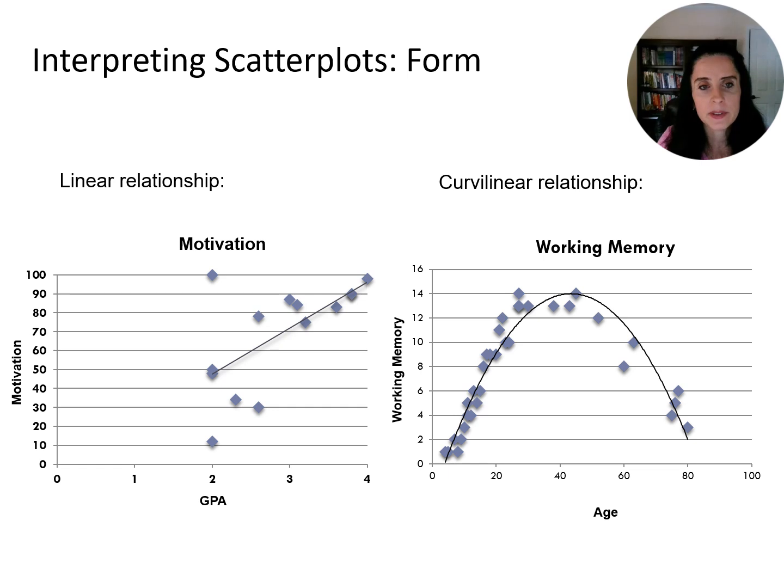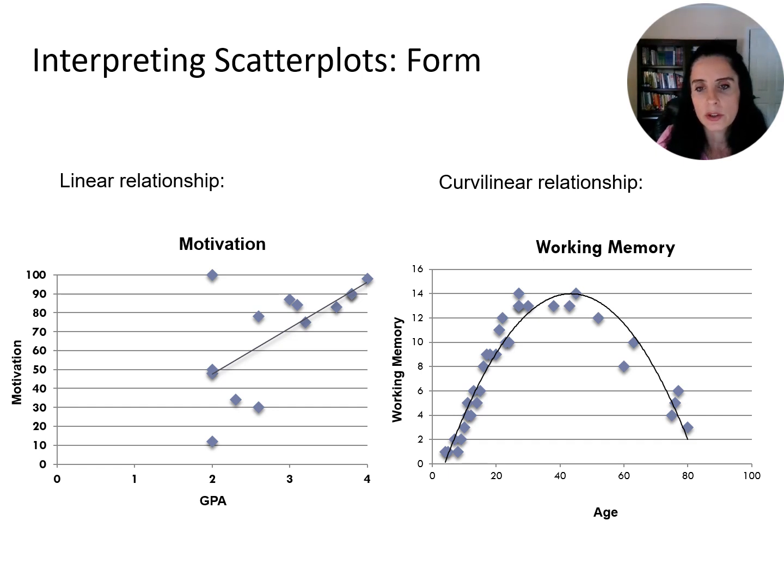However, sometimes the scatter plot describes a curve rather than a straight line. This is because the rate by which the y variable increases is not the same, and it may even start decreasing after a certain point. The example on the right describes a curvilinear relationship between the variable age and the variable working memory.